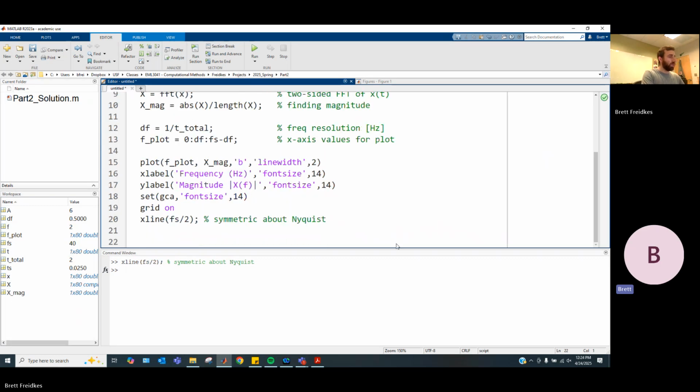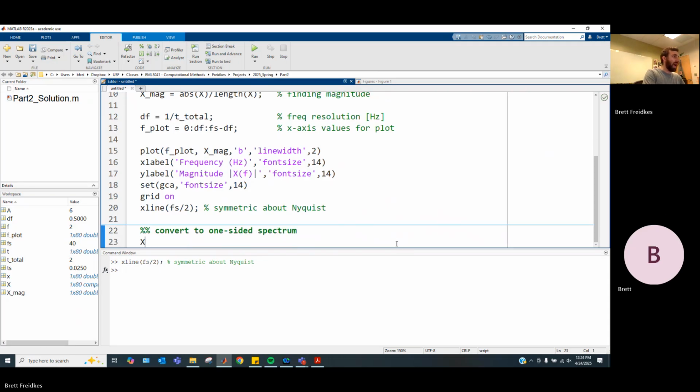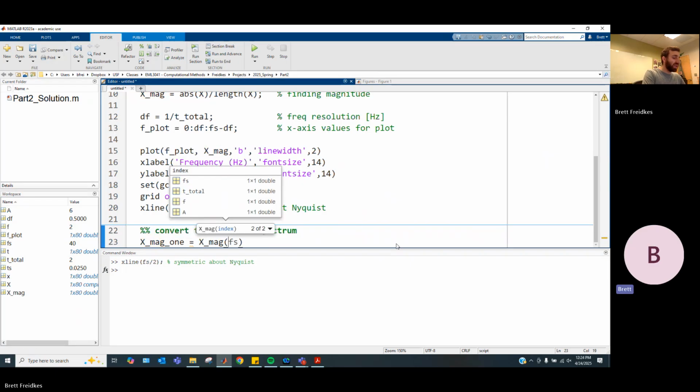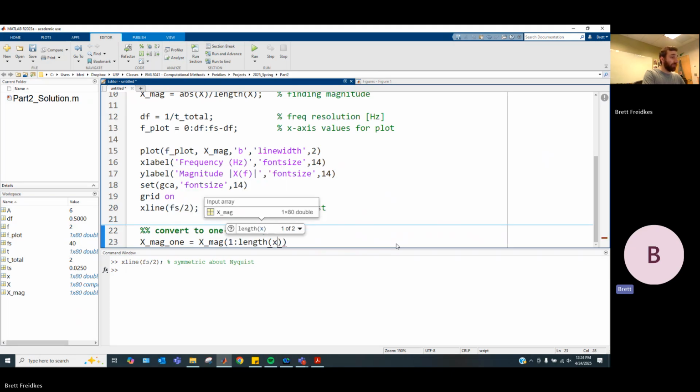So let's go ahead and do what we just said. Let's convert to a one-sided spectrum. I'm going to say that X mag 1, for one-sided, is going to be the current X mag, and I'm only going to take the elements from 1 to the length of X mag divided by 2 plus 1.